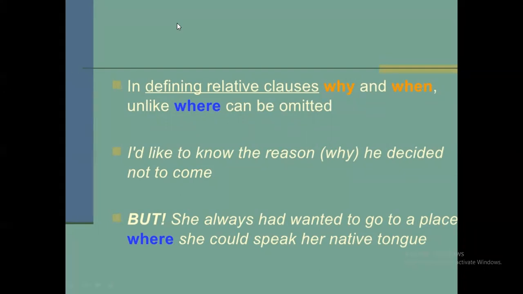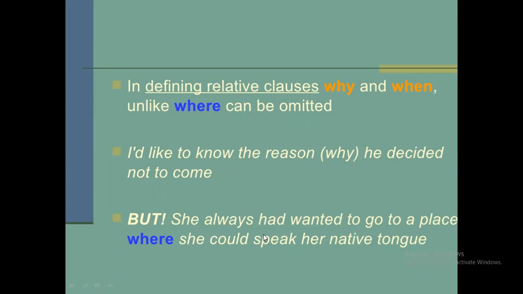اوكي طيب. Okay, I'd like to know, look at this example عشان نفهم أكتر. I'd like to know the reason why he decided not to come. Okay, why he decided not to come.